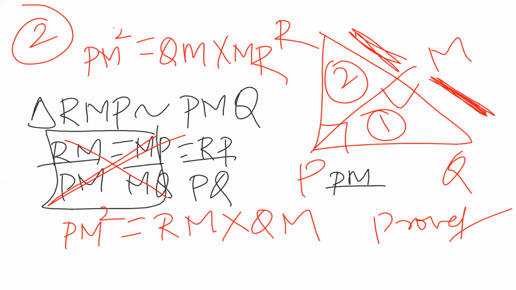Excuse me, sir. Then in this angle, we took the property of AA. So, sir, the position of P is not correct. Like RMP and PMQ.